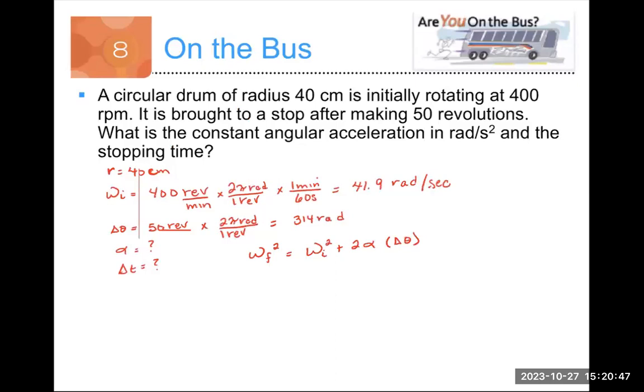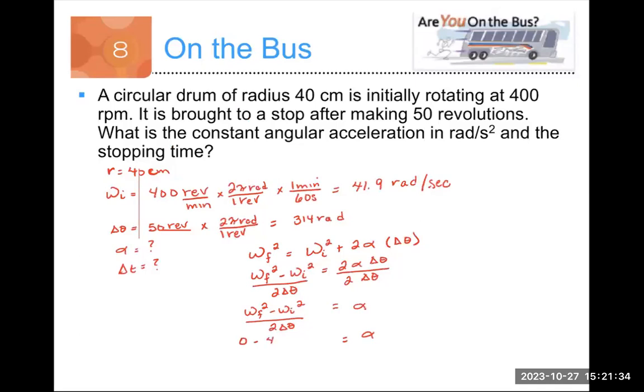First we move over our omega initial, so we have omega final squared minus omega initial squared equals 2 alpha delta theta. Then we divide both sides by 2 delta theta, and we're left with alpha equals omega final squared minus omega initial squared over 2 delta theta.